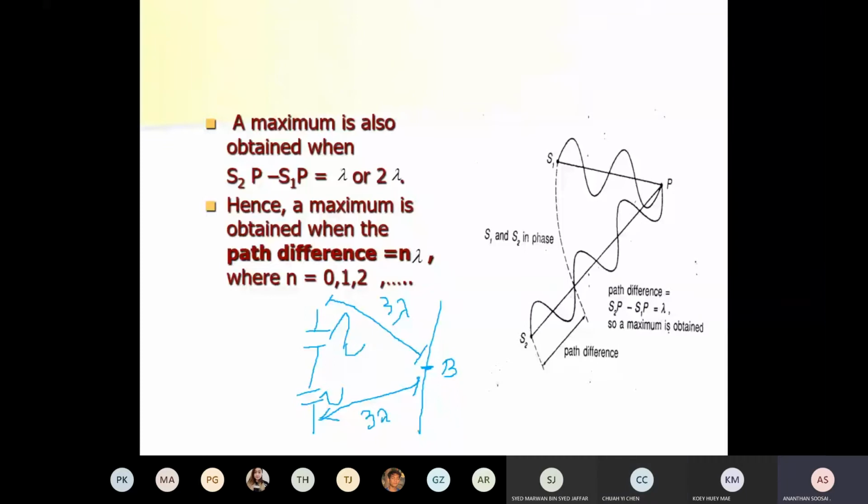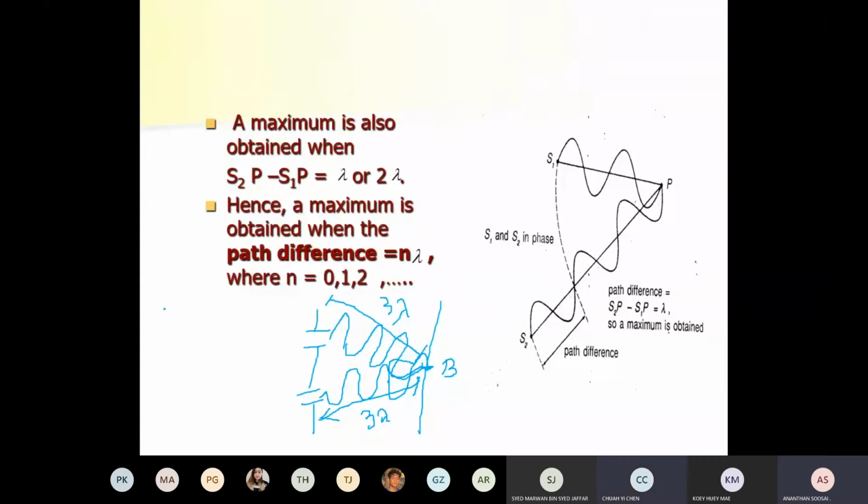So this makes 1, 2, and 3 waves. What is meeting at the end is a crest. For the second one, starting with a trough first, 3 lambda, 1, 2, and 3. So what is at the end? Is it constructive or destructive interference? Destructive.